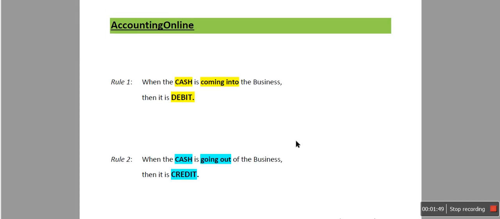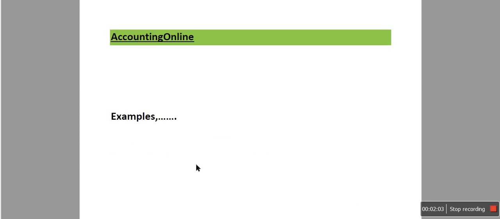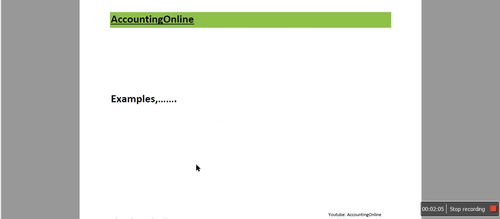Let me show you here. This slide shows rule number one: when the cash is coming into the business, then it is debit. And when the cash is going out of the business, then it is credit. So when cash is coming into the business, it is debit in nature, and when cash is going out of the business, it is credit in nature.